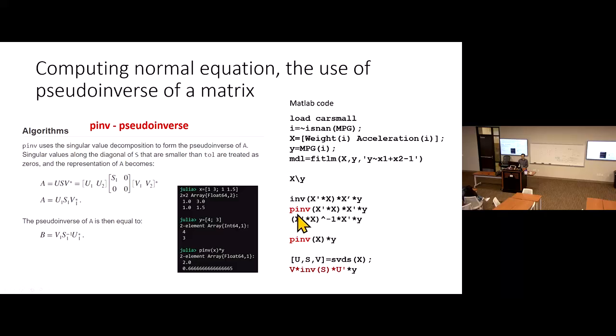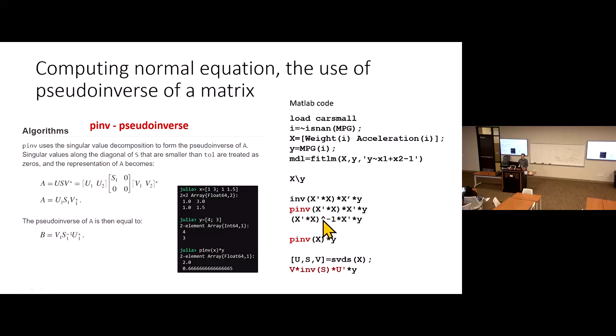The pseudo-inversion replaces the real inversion and is numerically more stable for extreme values in the input matrix. You can use the normal equation, and you can replace the inverse function with pinv, same result.